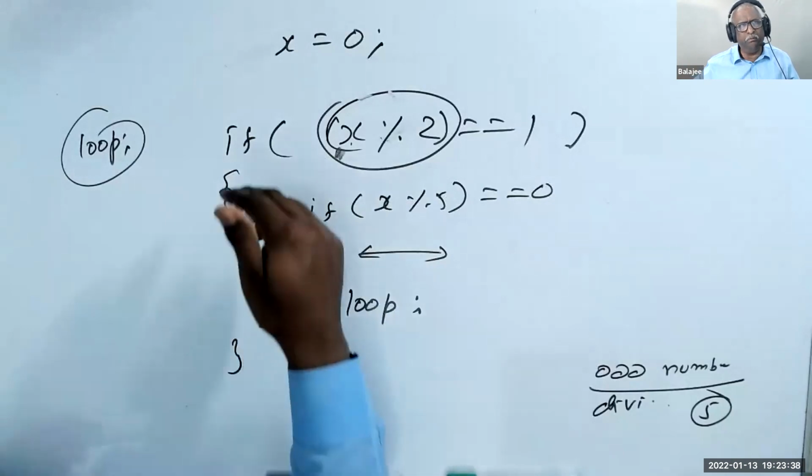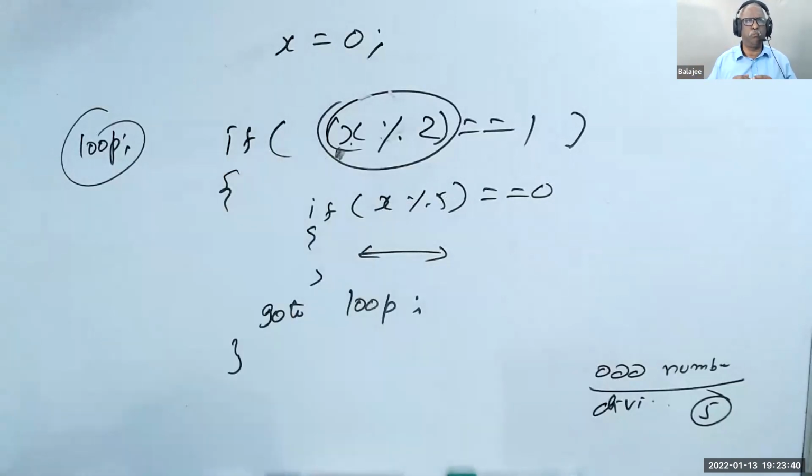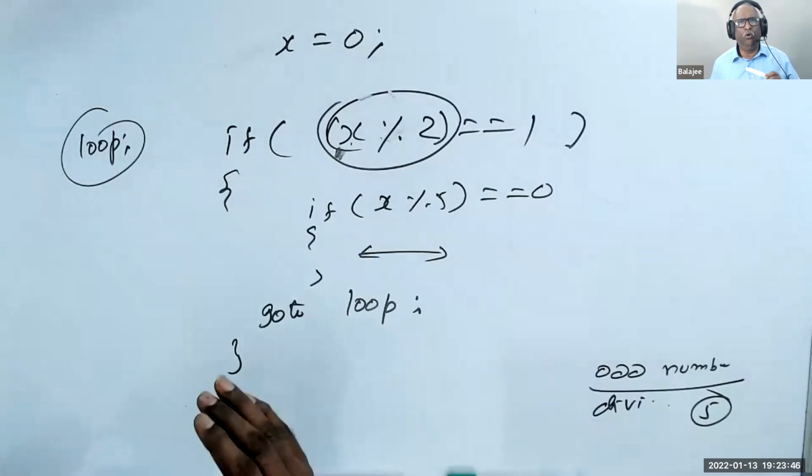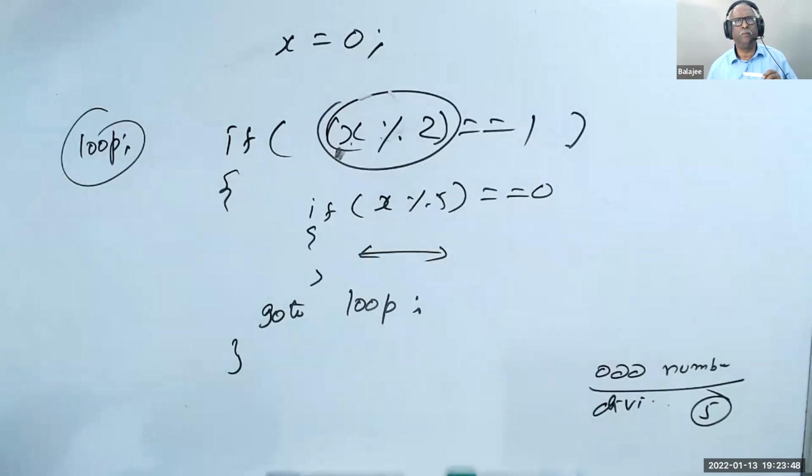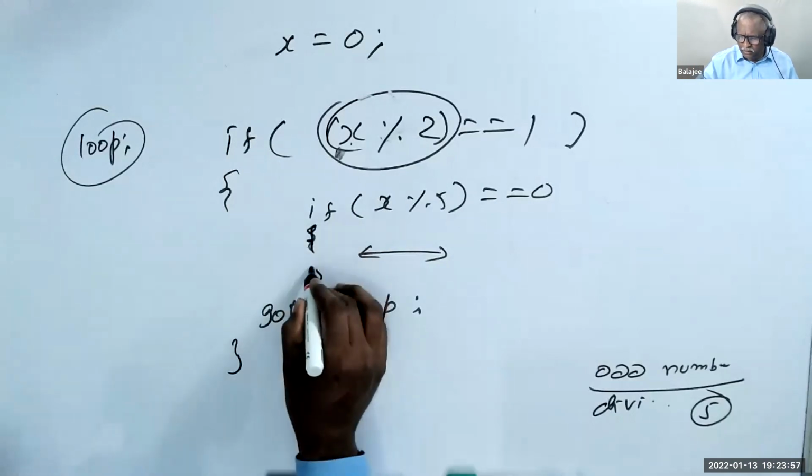This place is where we make the mistake. You understand? This bracket is for the if, and this is for the second one.